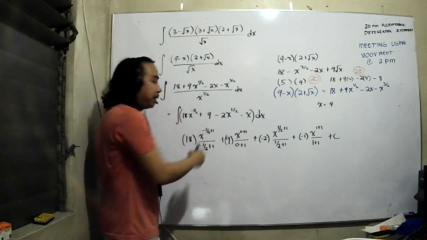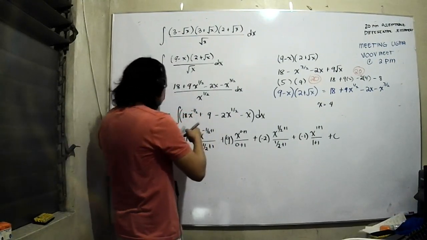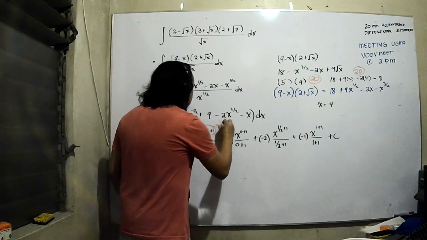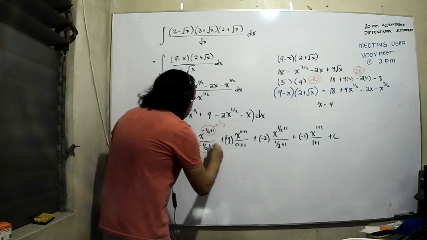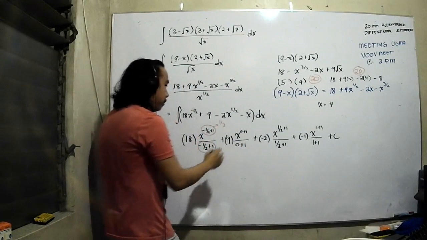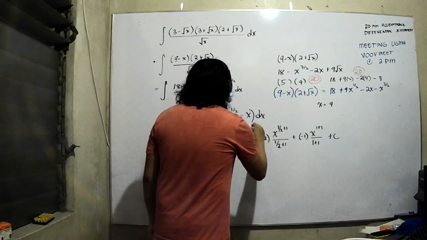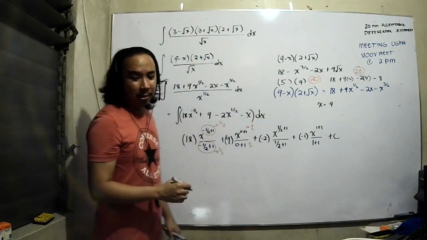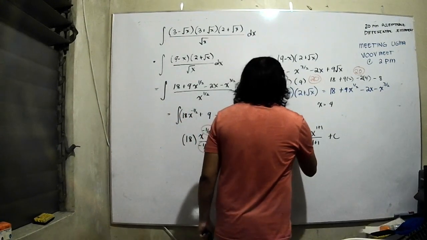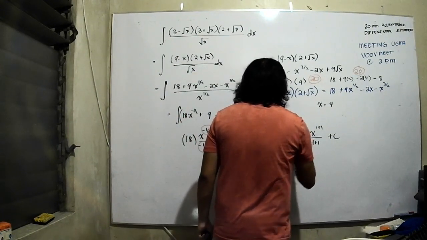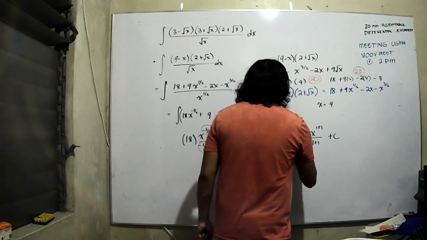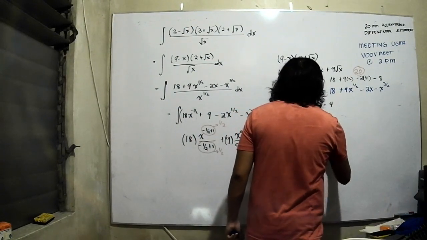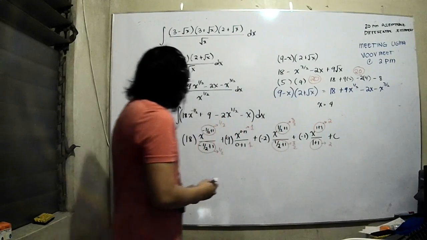Instead of this expression, I just simplify it. Negative 1 half plus 1 should be equal to 1 half. All of this is equal to 1 half. This one is 1. Let me spoon feed you: this should be equal to 3 halves, and this is 2.